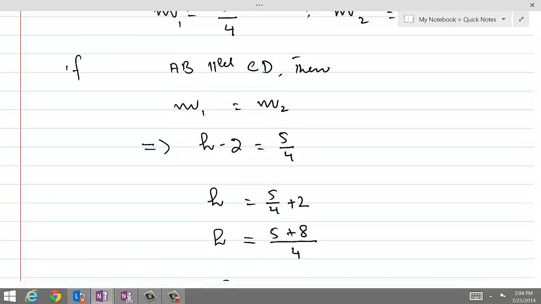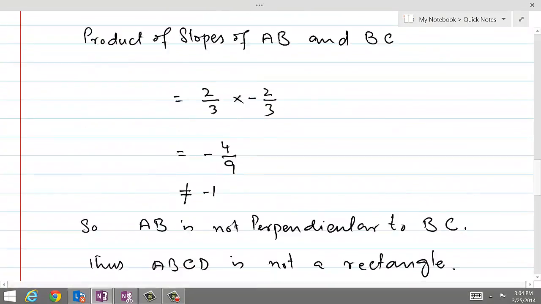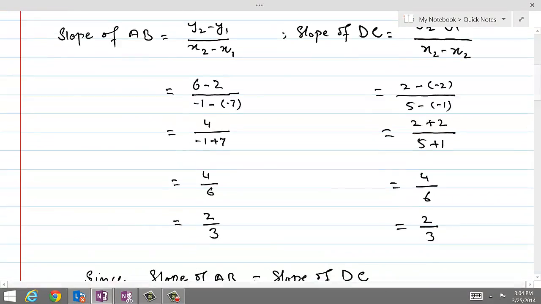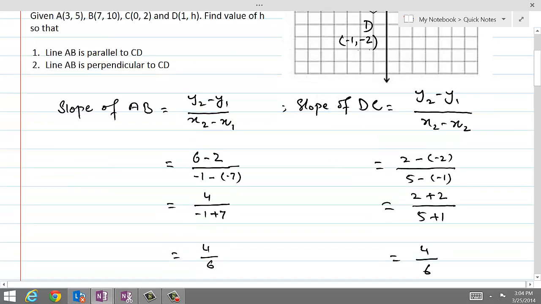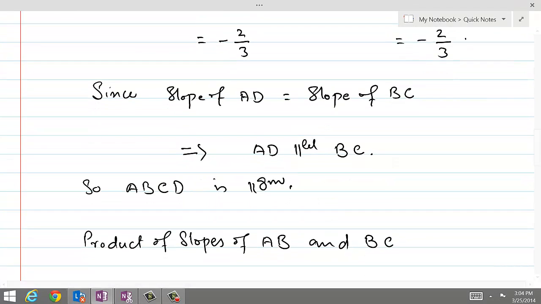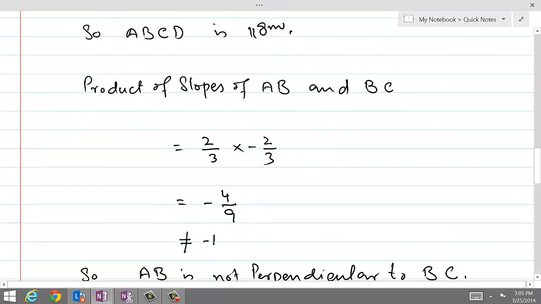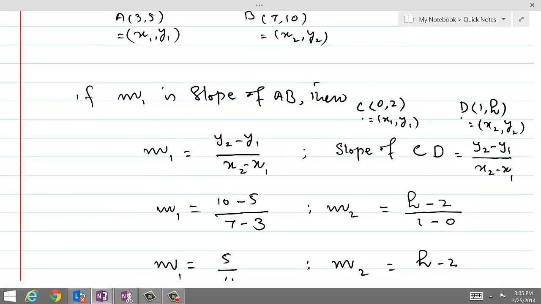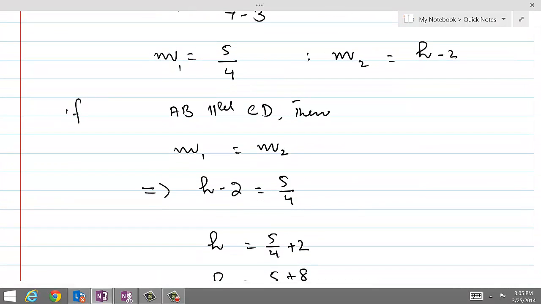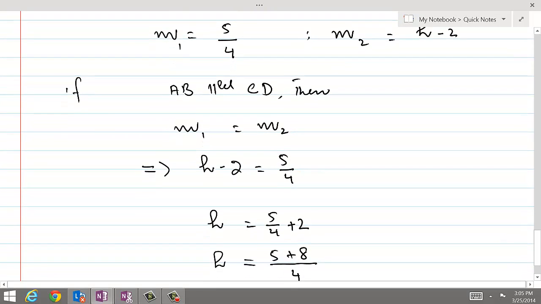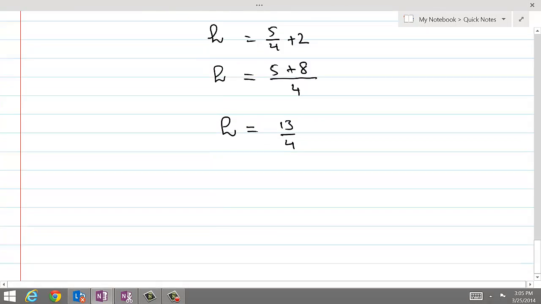And for the second part of the same question, it is given that line AB is perpendicular to CD. Then what is the value of h? If AB is perpendicular to CD, then the product of these slopes should be equal to -1. One slope is 5 by 4 and the other slope is h minus 2.